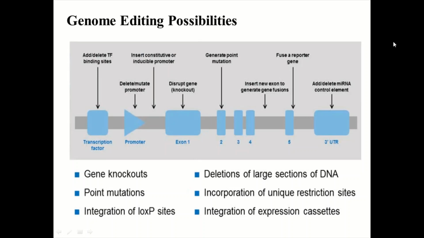You can disrupt a gene function by deleting a small portion or a large segment of a gene, and you can also insert a LoxP site for site-specific recombination, or you can integrate an expression cassette anywhere in the genome.